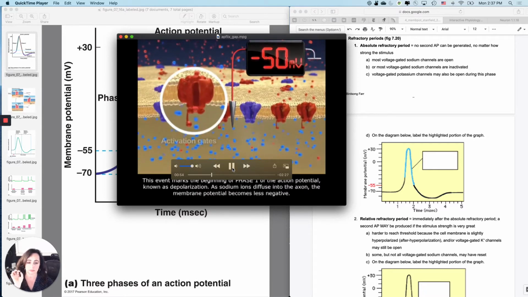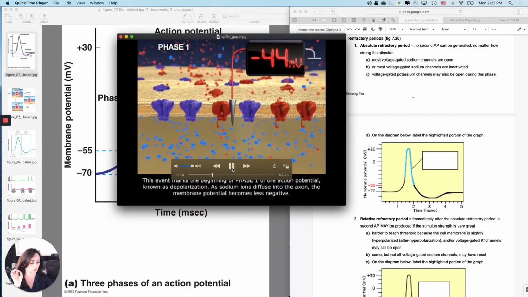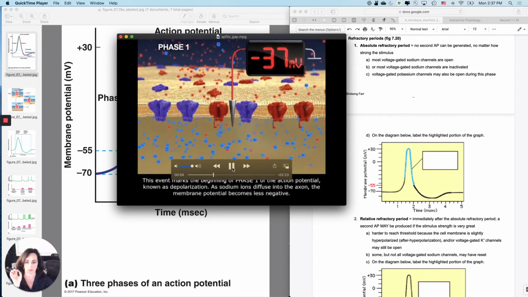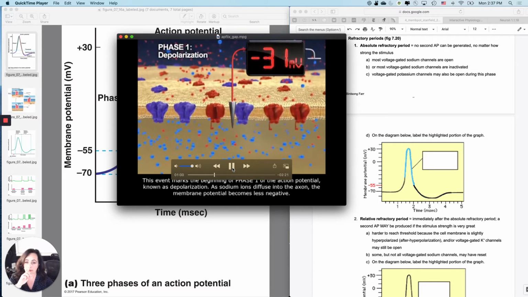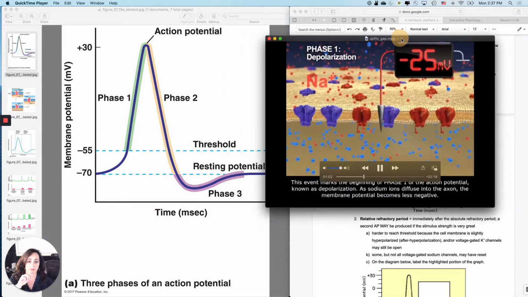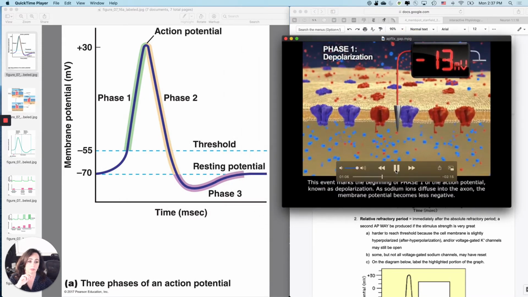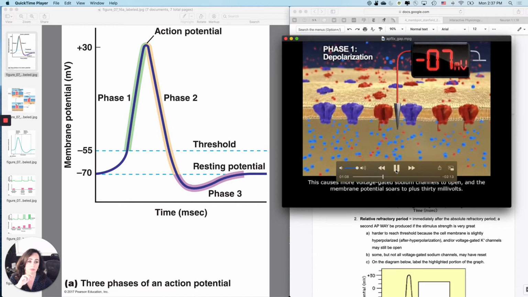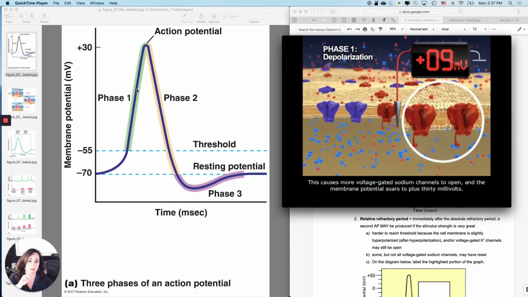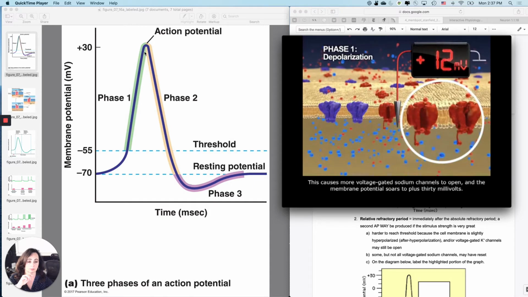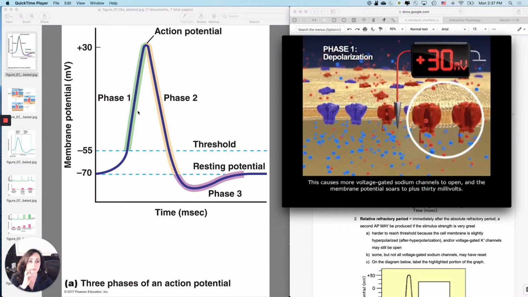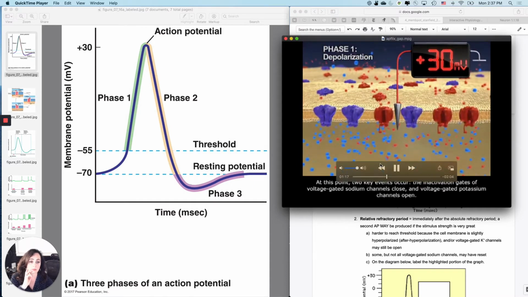This event marks the beginning of phase 1 of the action potential, known as depolarization. As sodium ions diffuse into the axon, the membrane potential becomes less negative. This causes more voltage-gated sodium channels to open, and the membrane potential soars to plus 30 millivolts.